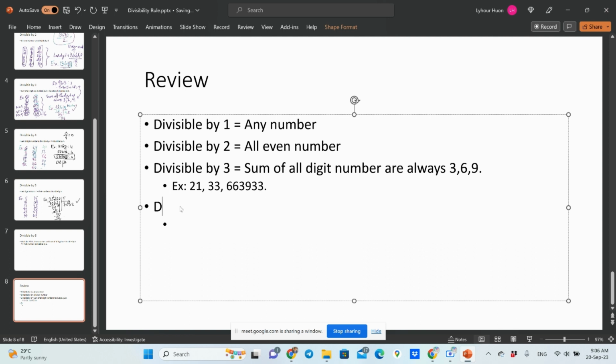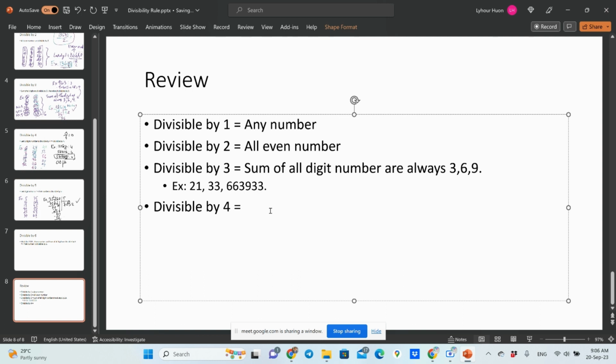Okay. Next, divisible by 4. How can we check whether a number is divisible by 4 or not?